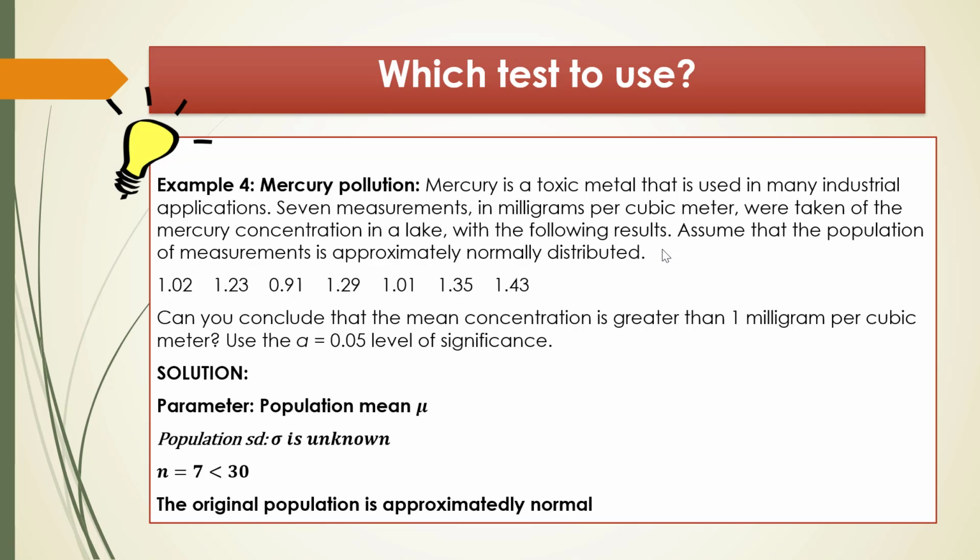Therefore, we can use the t-test. I repeat, even though the sample size is less than 30, because the original population is approximately normal, the sample mean is approximately normal. That's why we can use the t-test.